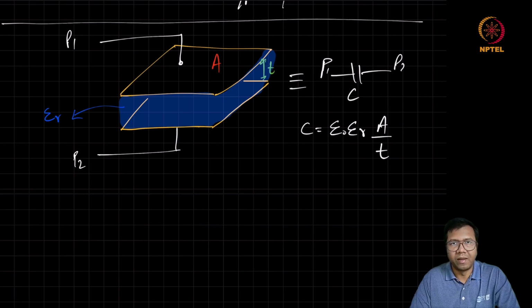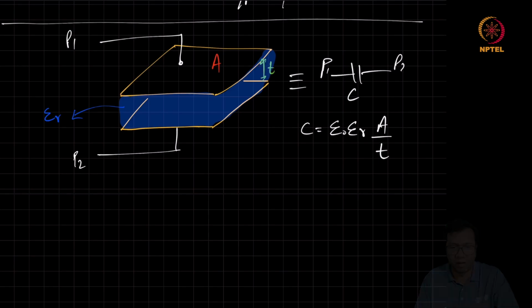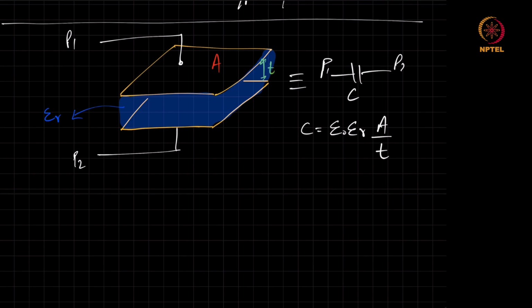So if you want to increase the capacitance, we can either increase the area, and this increasing area comes with a penalty that overall on the chip we are going to consume more area, or we can reduce its thickness. Now, in the standard process, this thickness will be decided by various other parameters in terms of how reliable will be the interconnection when the dielectric between the metallizations is very thin.